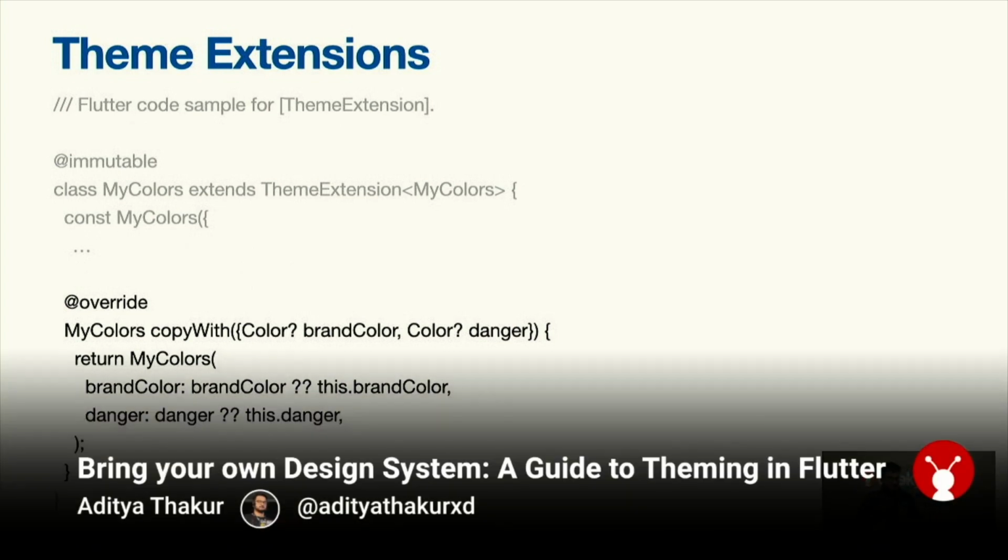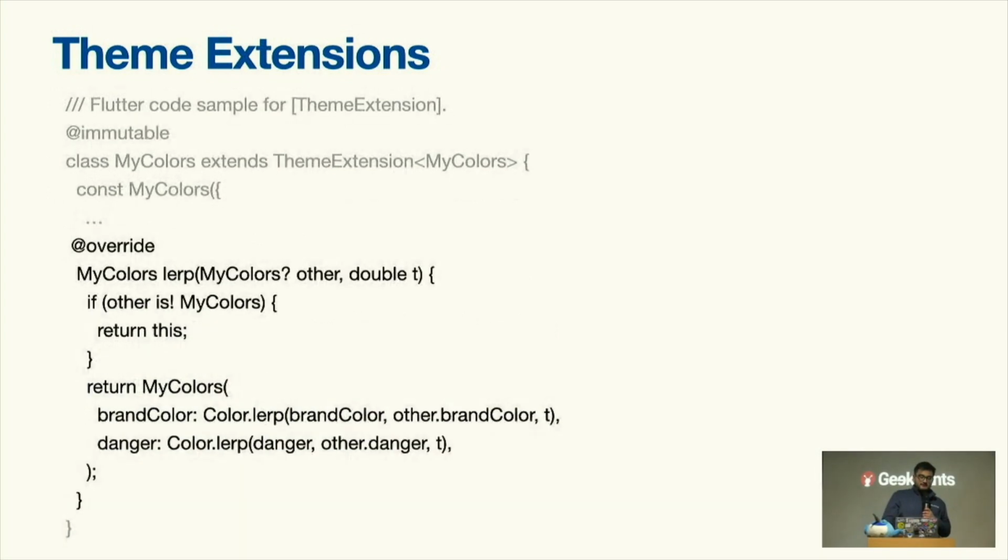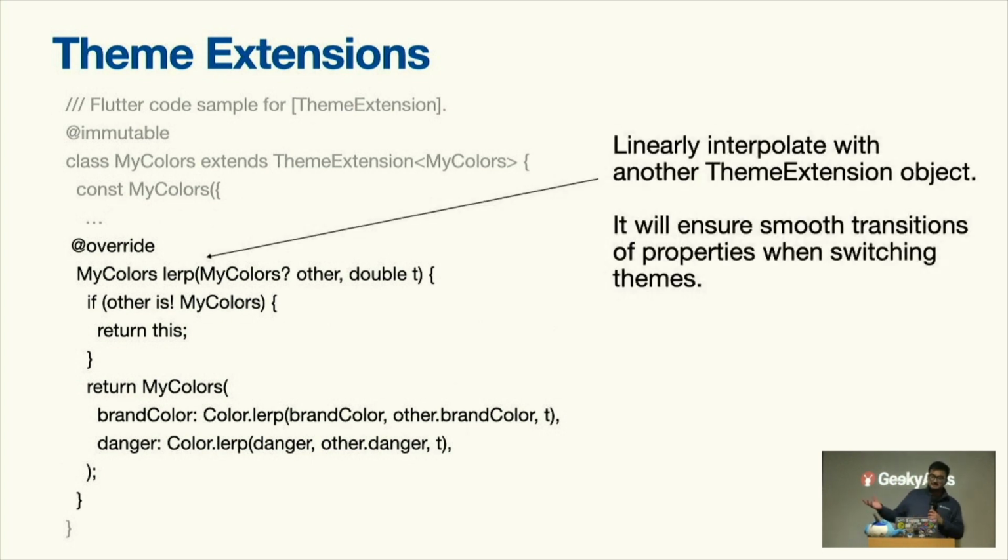In copyWith, I'll take the values that we have specified inside the theme extension. And I'll also have to override the lerp method, which would be used for seamless transition between the different themes. It makes it possible for you to move from one theme to another. It interpolates this with other theme extension objects, and it ensures that a smooth transition is possible.